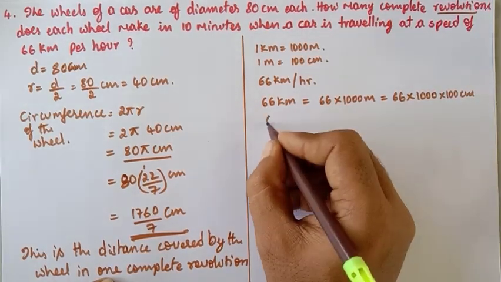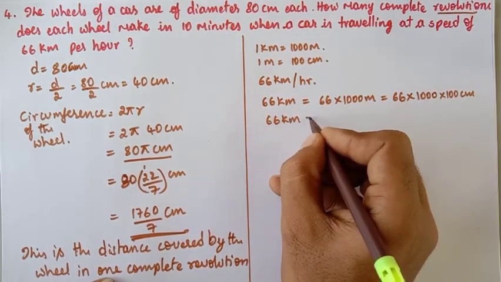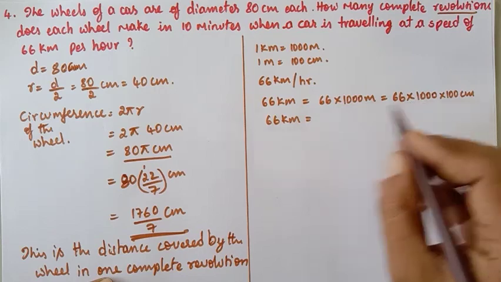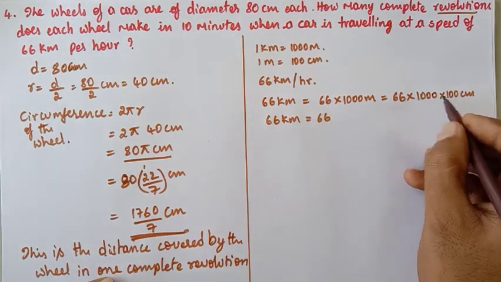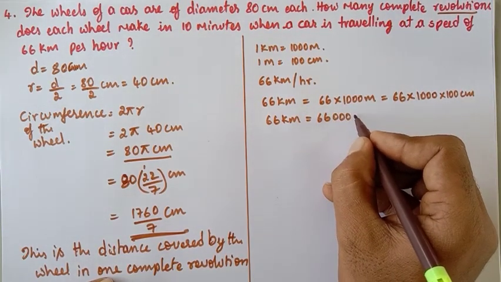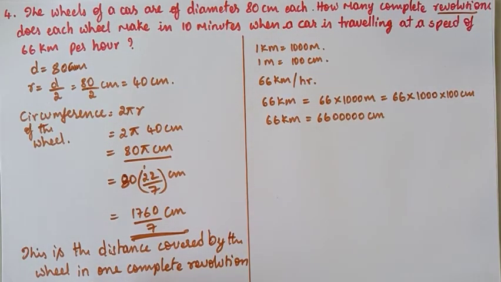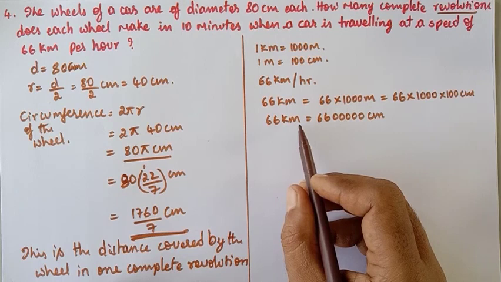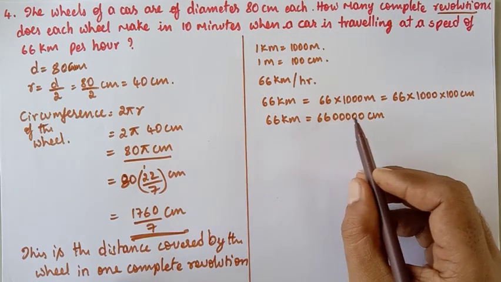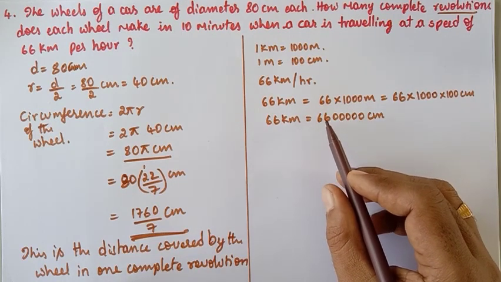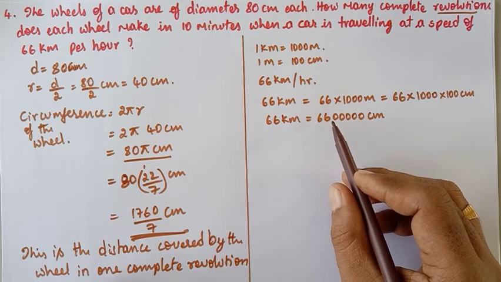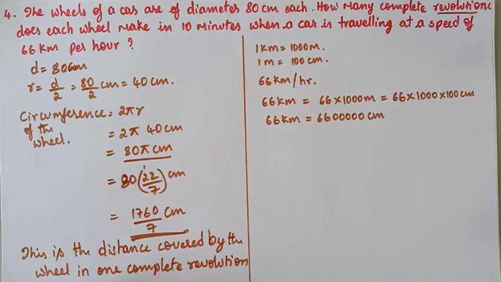So 66 kilometer can be written as 66 followed by 5 zeros centimeter. You should note down this one. 66 kilometer is equal to 66 lakh centimeter.